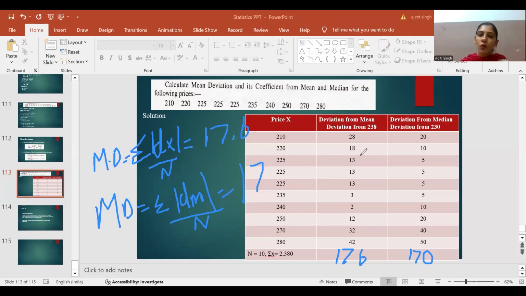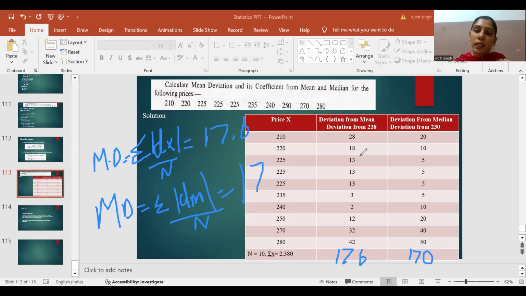So this is how we calculate deviation from mean and median. First of all, we have to calculate the averages of both mean and median. The formula for calculating mean is the sum of the given series divided by the total number. After that, we have to calculate the deviation. With the help of that mean, we will calculate the deviation.